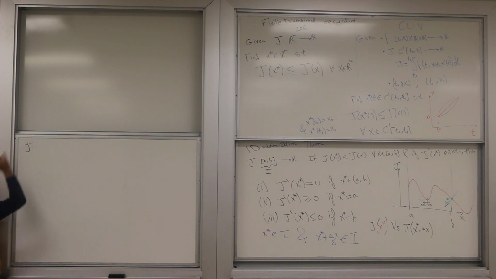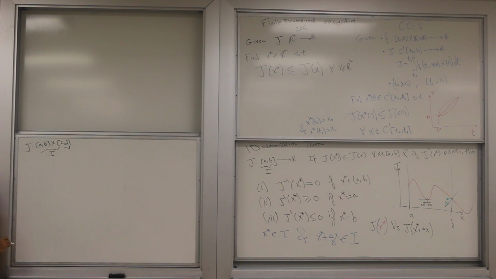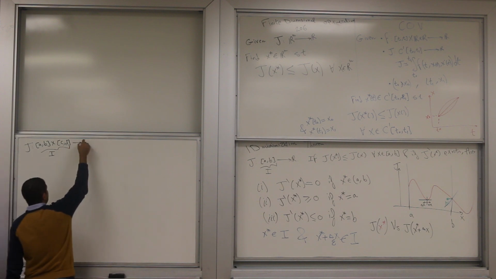Given J, that now maps two numbers to a number. So it maps the interval AB and another interval CD into the real numbers. Again, I'm going to call this I. And it gives you a real number.